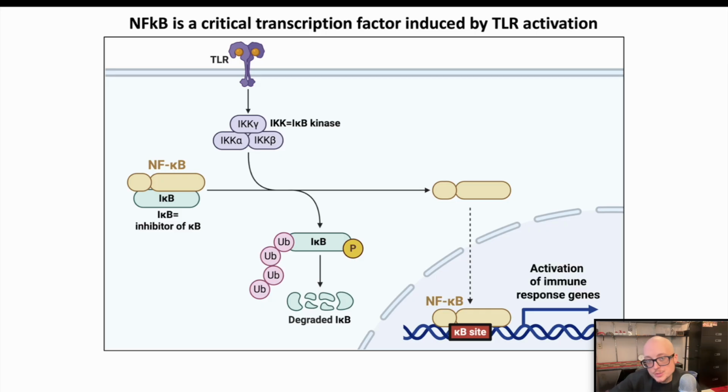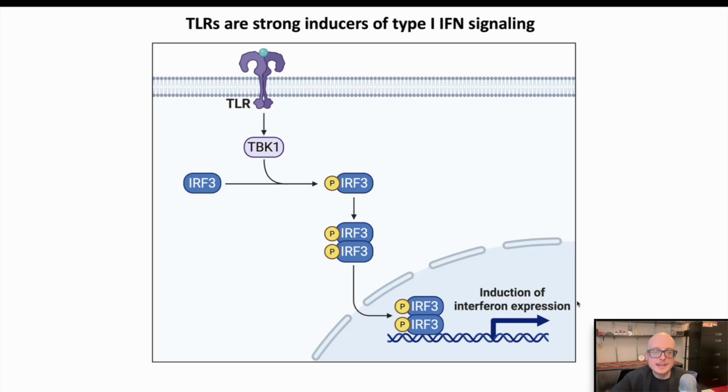However, in addition to NF-κB activation, we also saw that toll-like receptors are strong inducers of type 1 interferon signaling. And so again, a bit of an oversimplified diagram of how that occurs is we have activation of a toll-like receptor, and with the help of one of its adapters like MyD88 or TRIF, ultimately that leads to the activation of another kinase known as tank binding kinase 1 or TBK1.